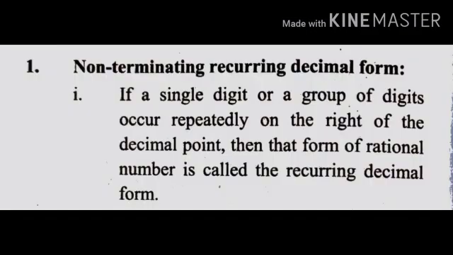If a single digit or a group of digits occurs repeatedly on the right of the decimal point, then that form of rational number is called recurring decimal form.